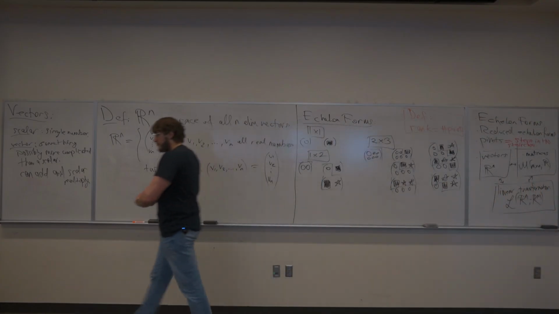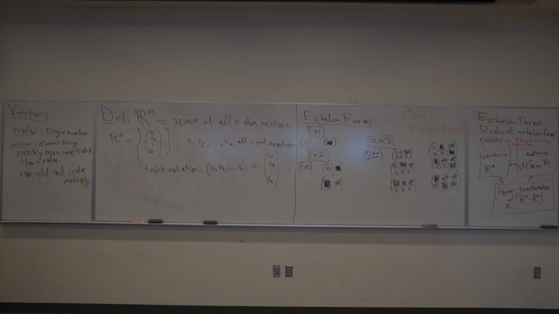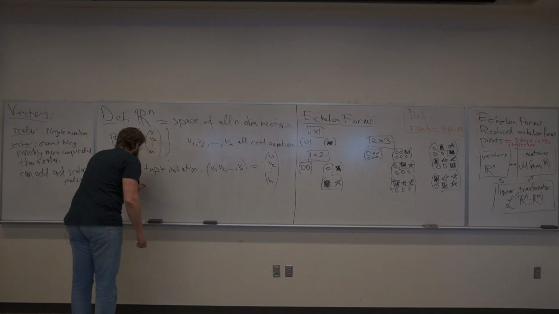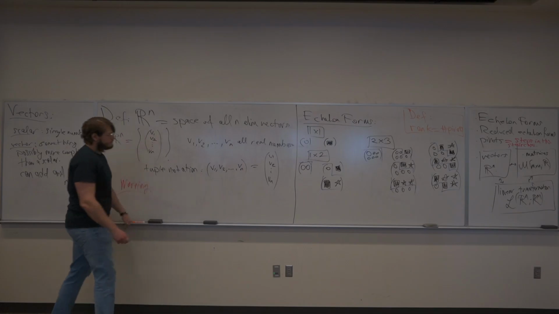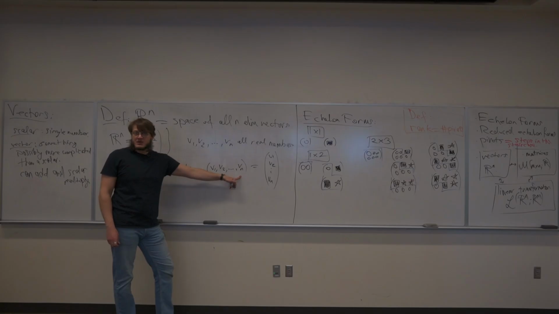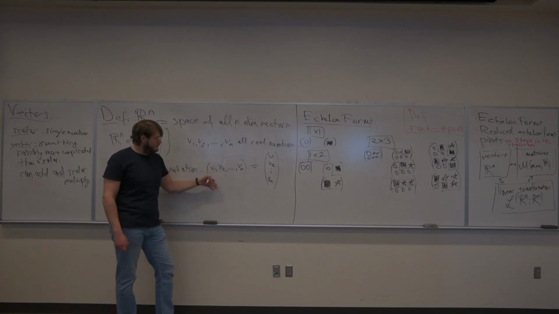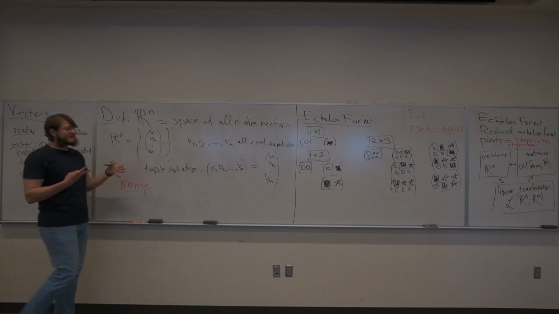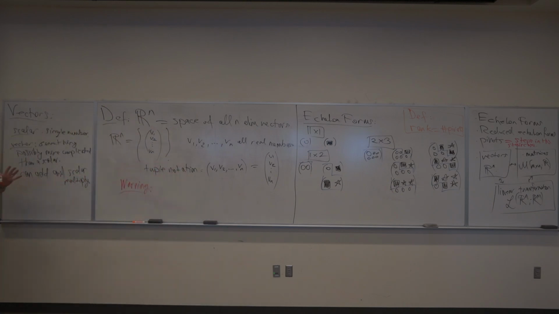Warning. If I were to, instead of writing a tuple, write a 1 by n matrix, so if I were to just drop the commas, it again has the same information, but that's a different object for us, okay?